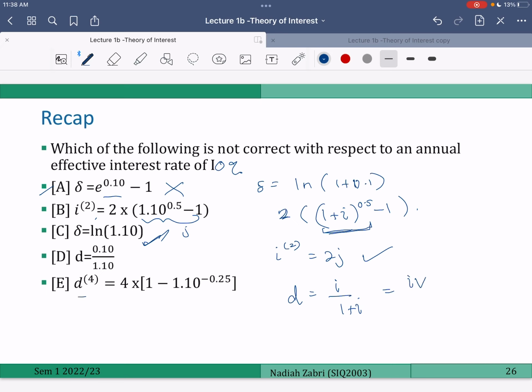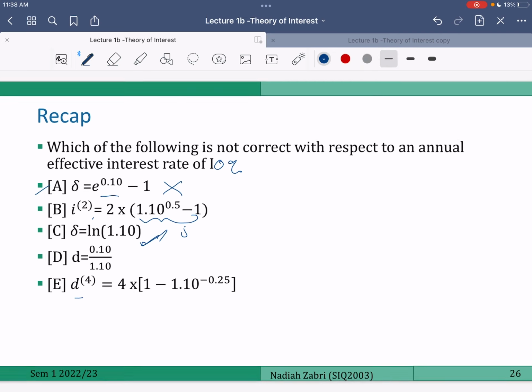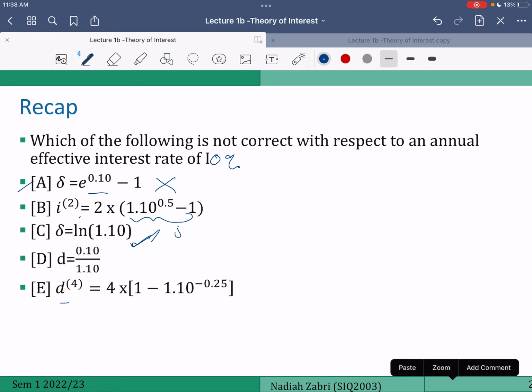What about this one? What's going on here? What is this part? This is 1 minus 1 over 1 plus I to the power of 0.25.